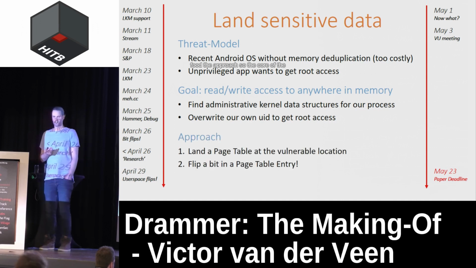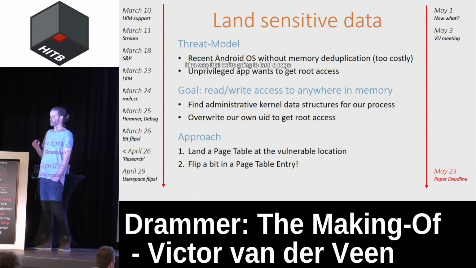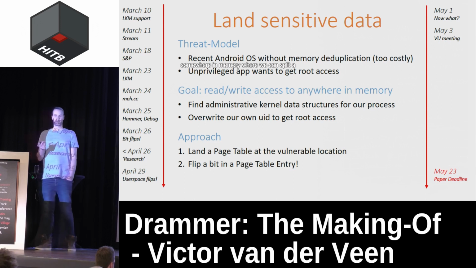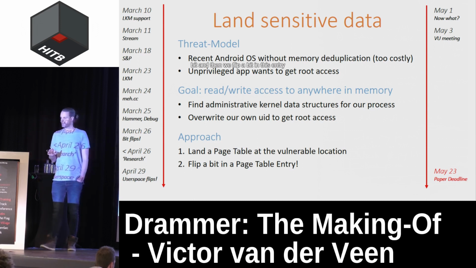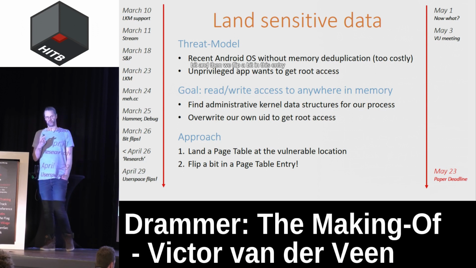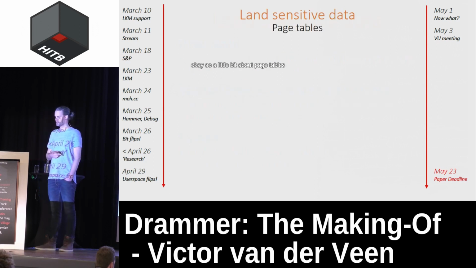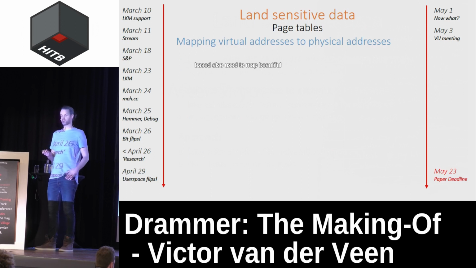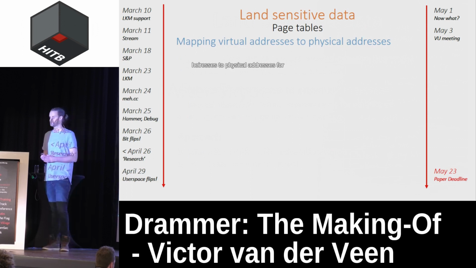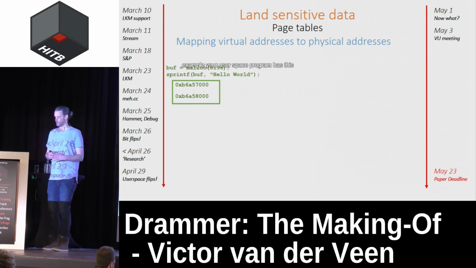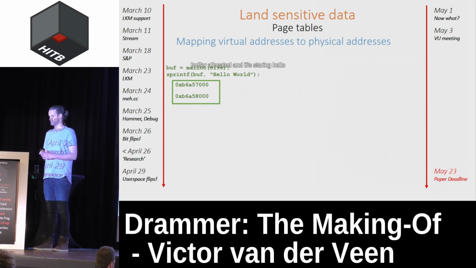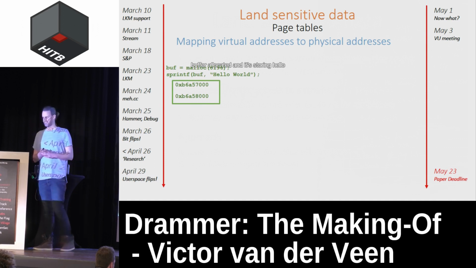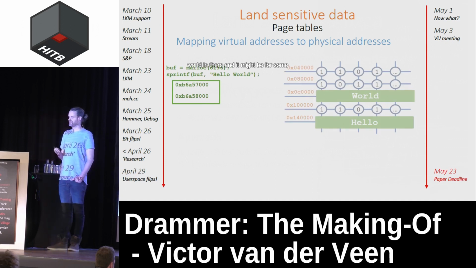The core of the idea was that we're going to land a page table somewhere in memory where we can flip a bit, and then we flip a bit in this entry. Okay, so a little bit about page tables. Page tables are used to map virtual addresses to physical addresses. For example, your user space program has this buffer allocated, and it's storing hello world in there.